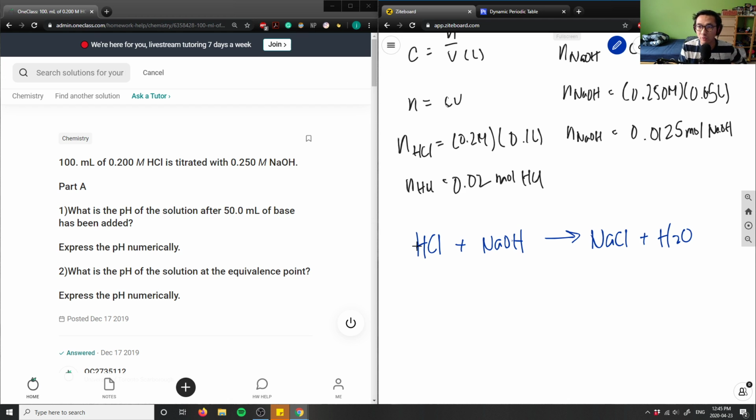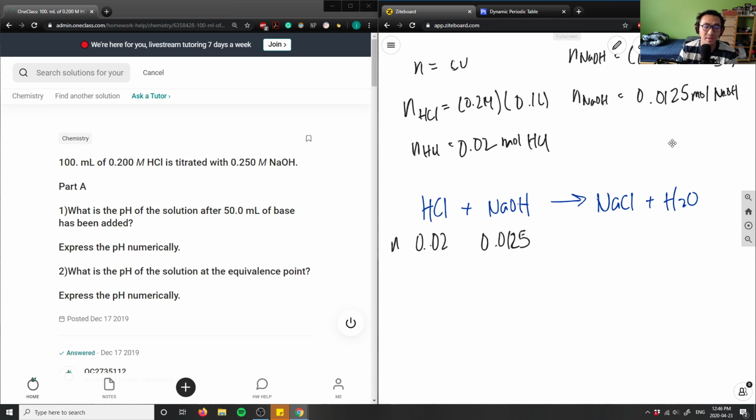So if we know the moles of HCl is 0.02, and the moles of NaOH is 0.0125, this is a limiting reagent stoichiometry question, right? The NaOH is going to be used up first, and HCl is our excess reagent, right? So NaOH is going to be used up first.